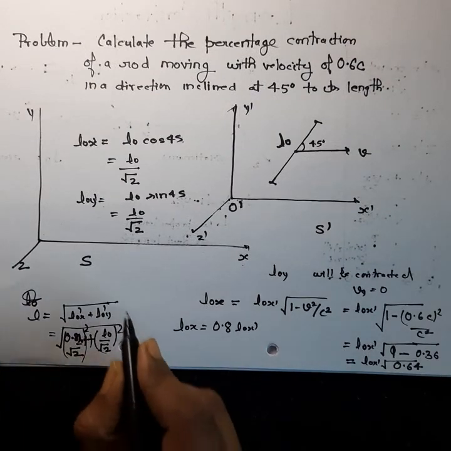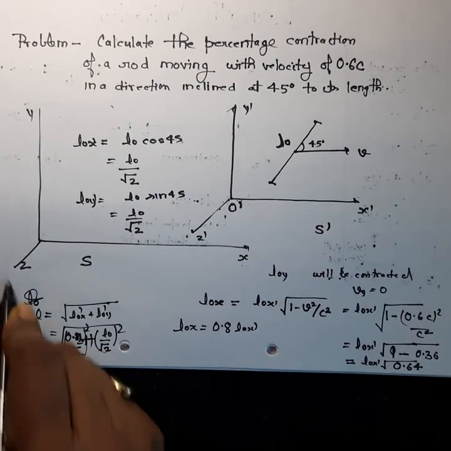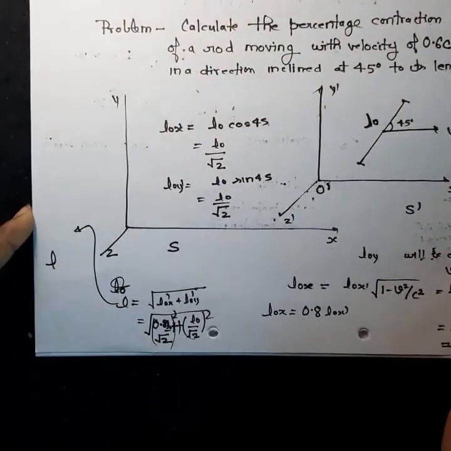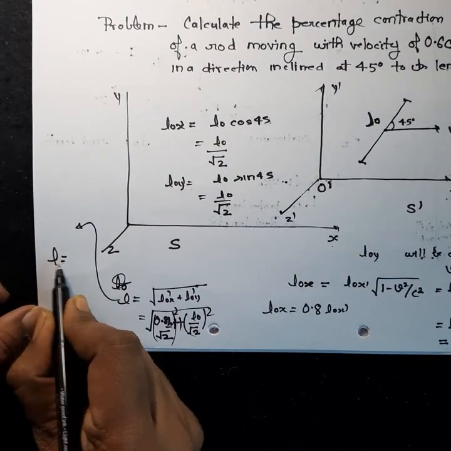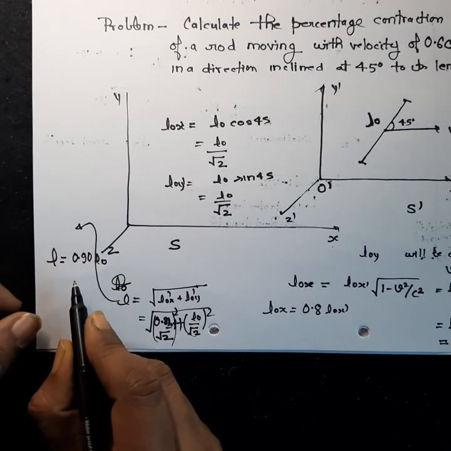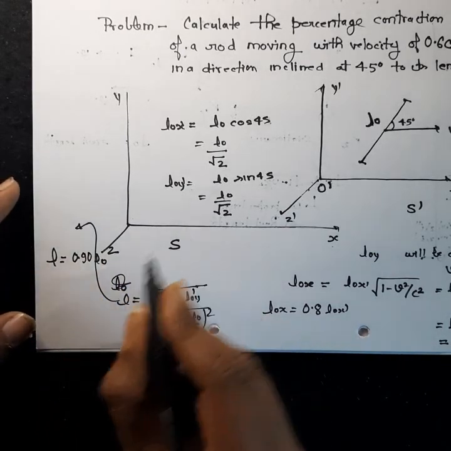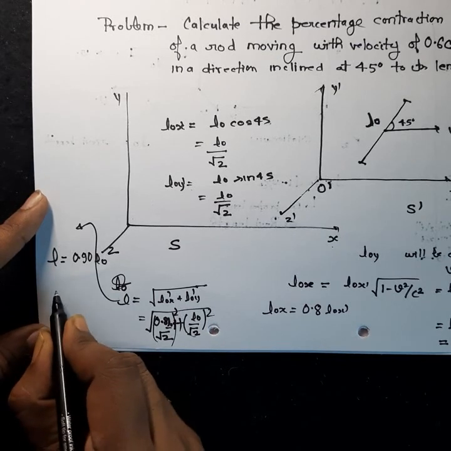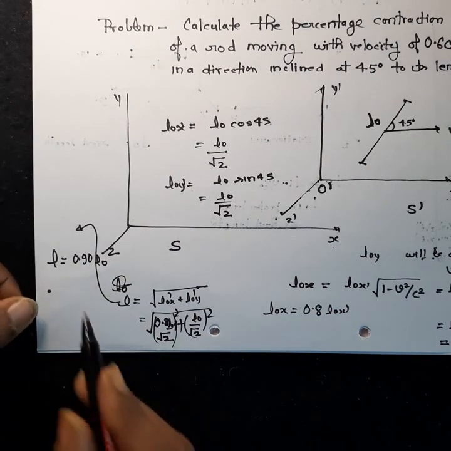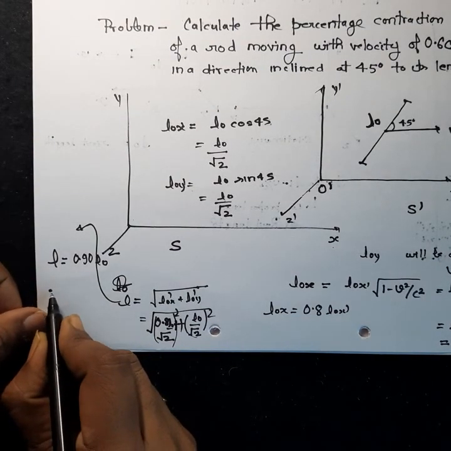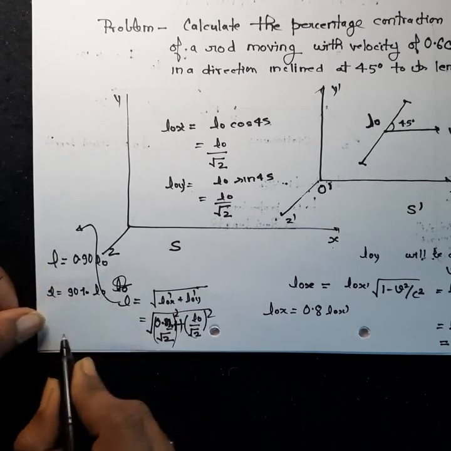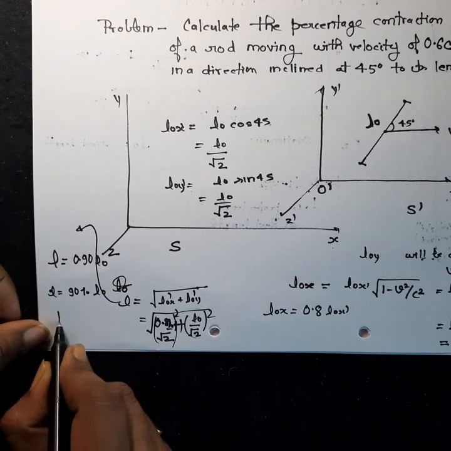If you simplify it, you will get L equal to 0.90 of L0. So L is 90% of L0, and the percentage contraction will be 10%.